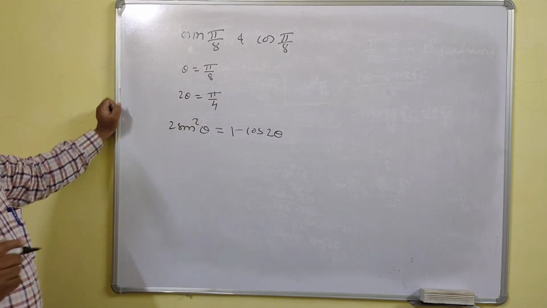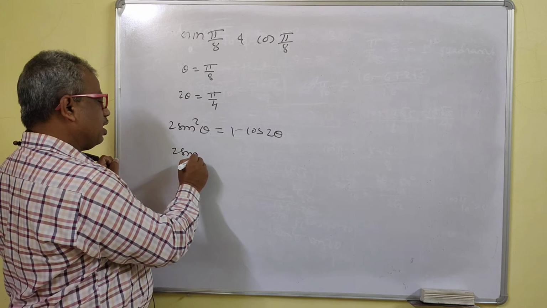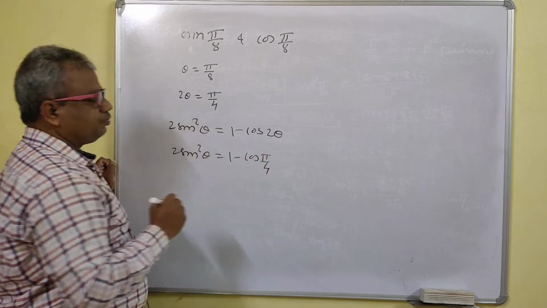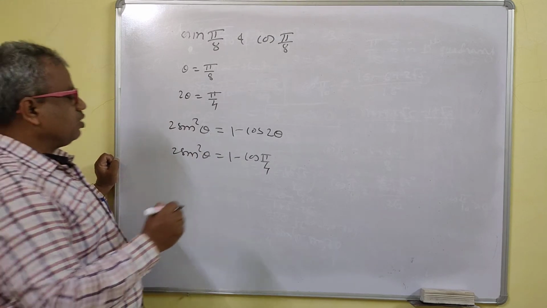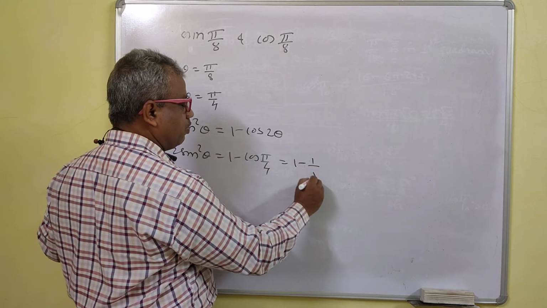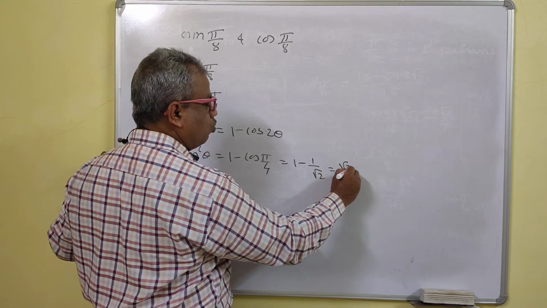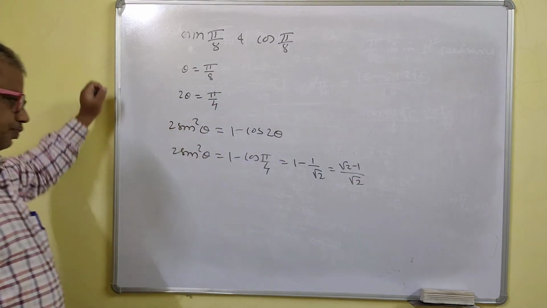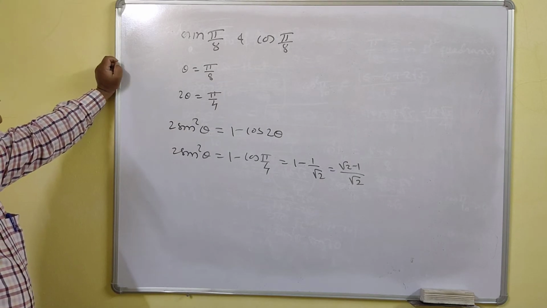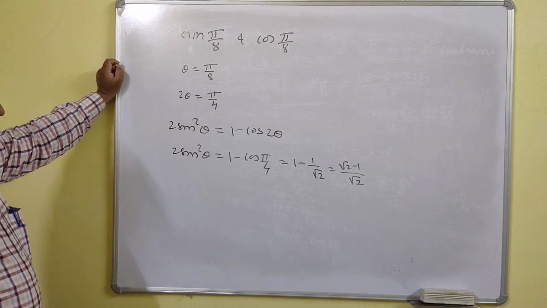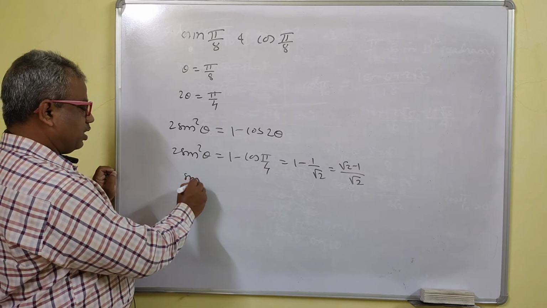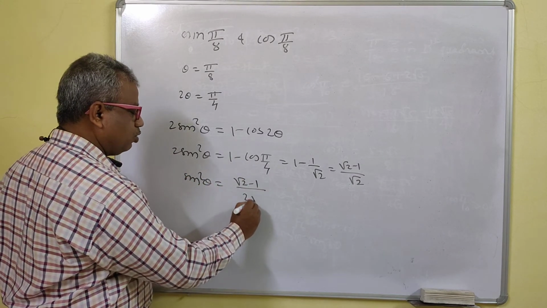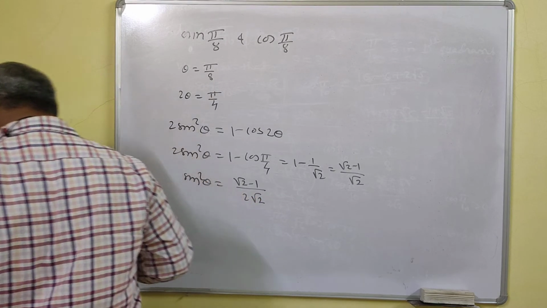So now 2 sin square theta is equal to 1 minus cos pi by 4. 1 minus cos pi by 4 is 1 minus 1 by root 2, so root 2 minus 1 upon root 2. Therefore sin square theta is equal to root 2 minus 1 upon 2 root 2.